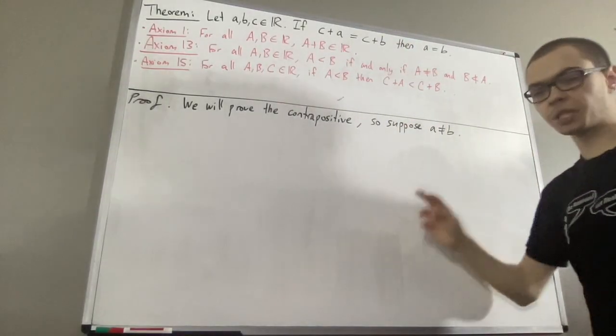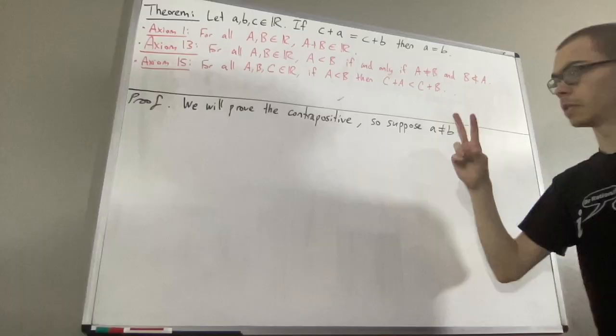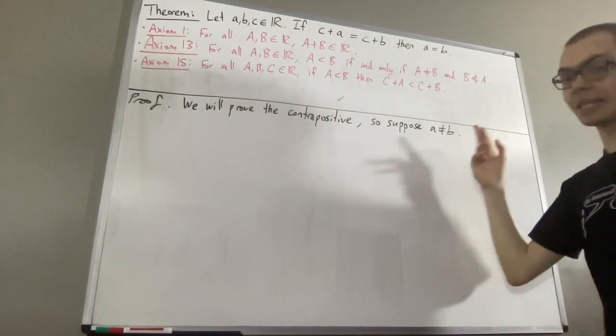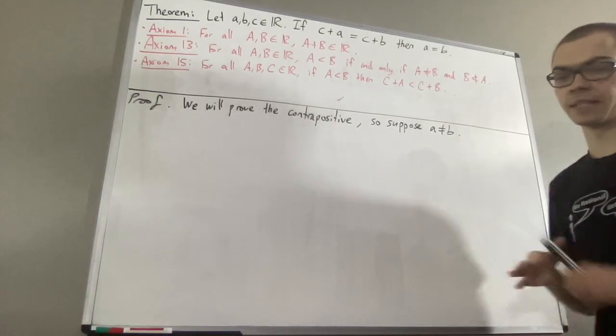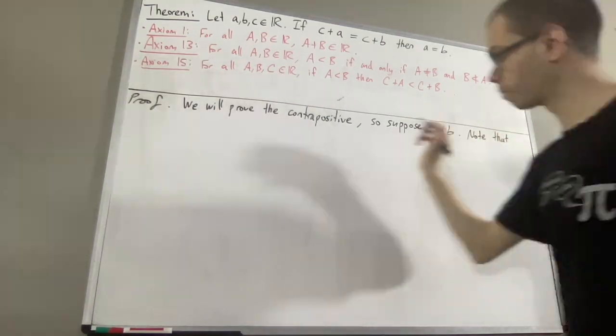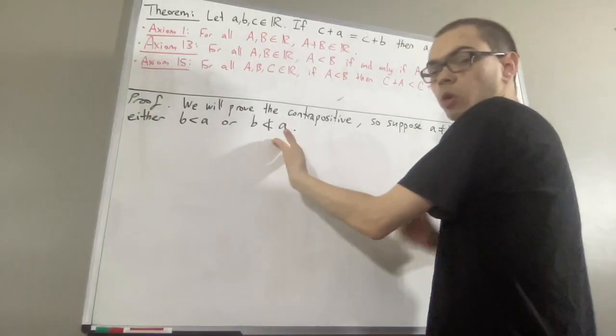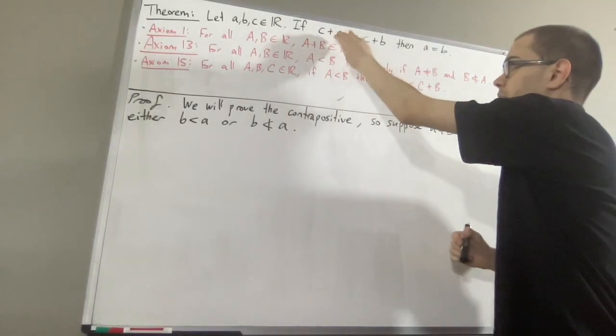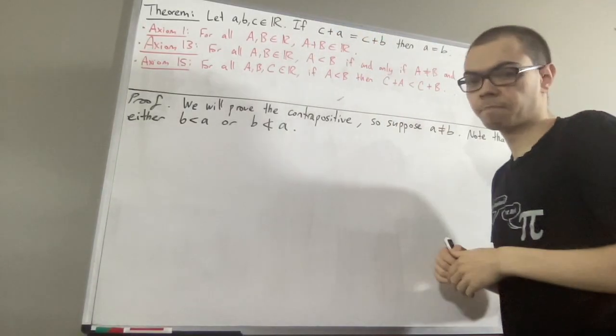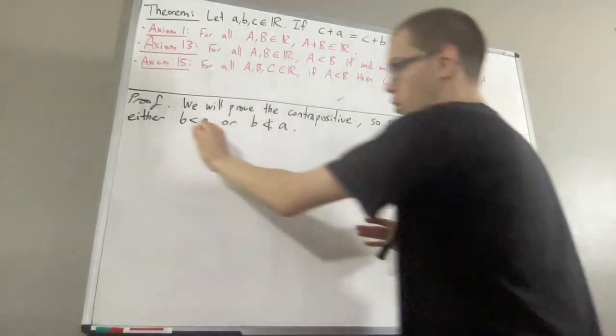And to show that, we're going to split this up into two cases. Either b is less than a, or b is not less than a. And in either case, we're going to show that c plus a is not equal to c plus b. So let's start with the case where b is less than a.